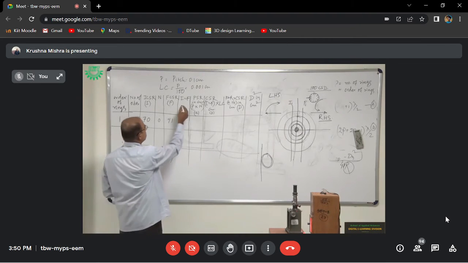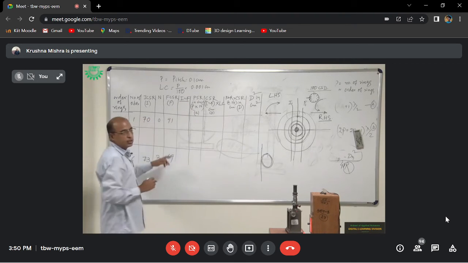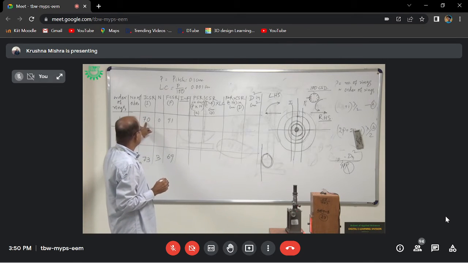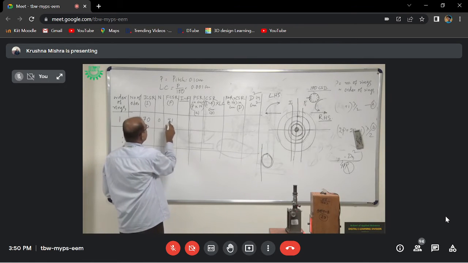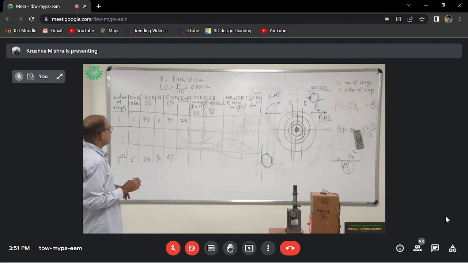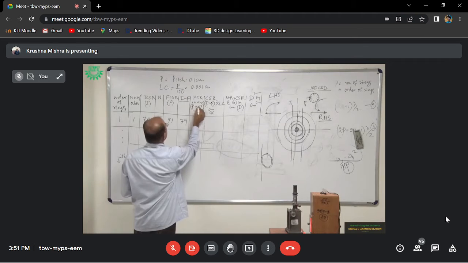Then I have to fill up this difference. This difference is 70 minus 91. It is less here, so we can add 100 to the initial and subtract. That is 170 minus 91, which gives 79. Then this is PSR, pitch into number of rotations.